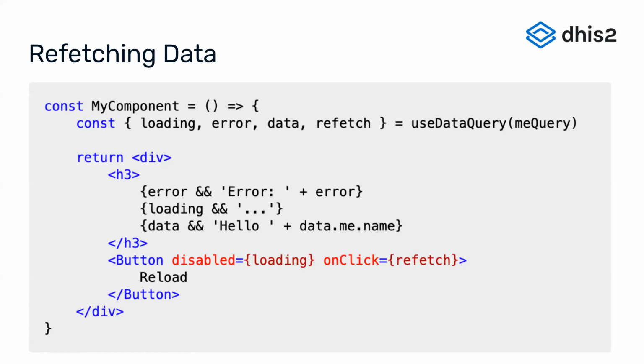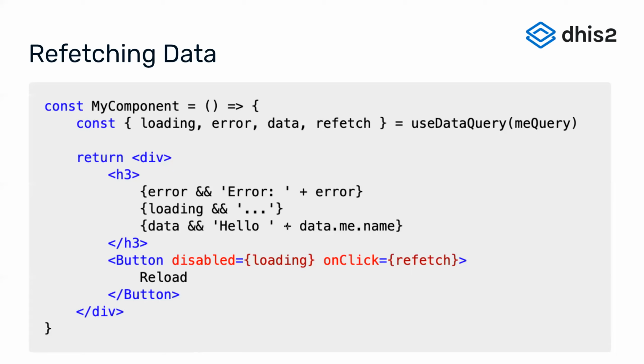So if we're not logged in, for instance, your error will return with a 401 or a 402 unauthorized error. If we are logged in, it'll say hello and then the name of the currently logged in user. If you then log in, if you were not logged in before, and click refetch, you will then get the data response with hello and name.